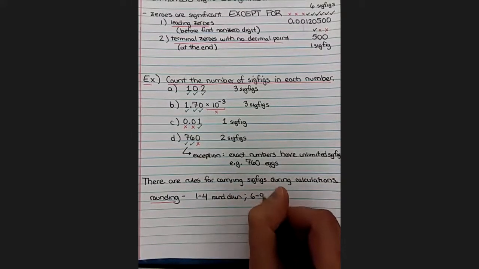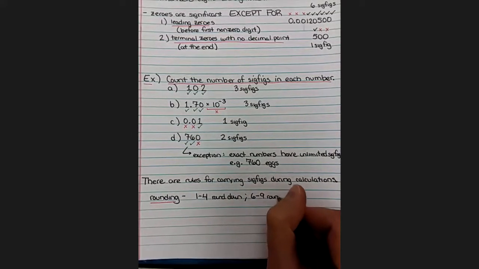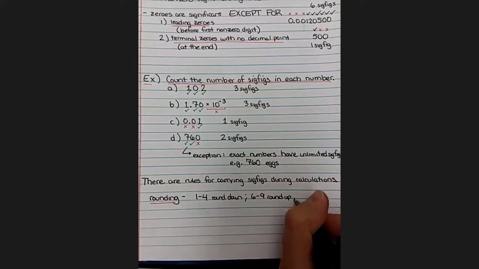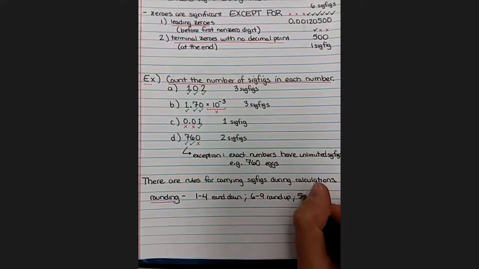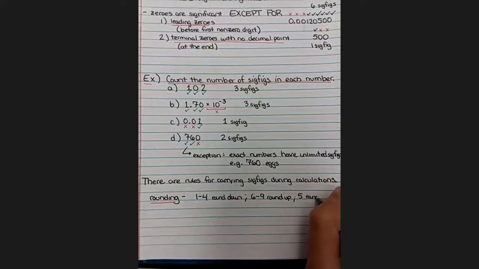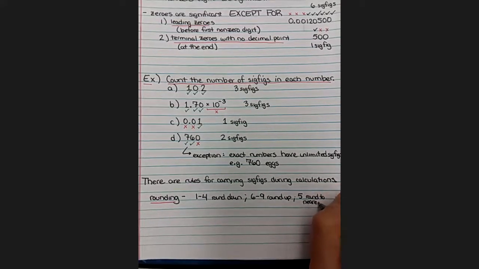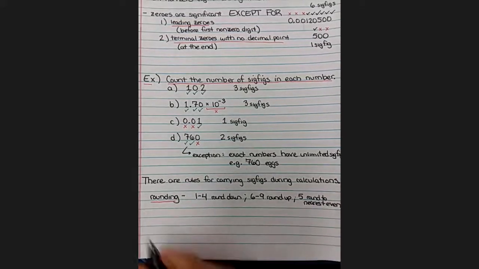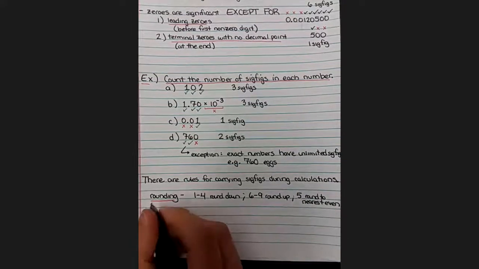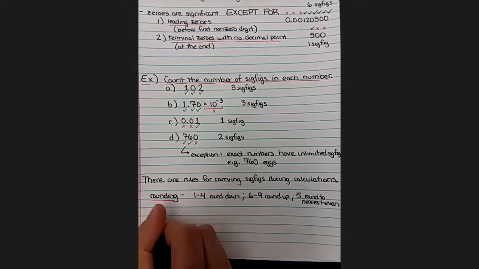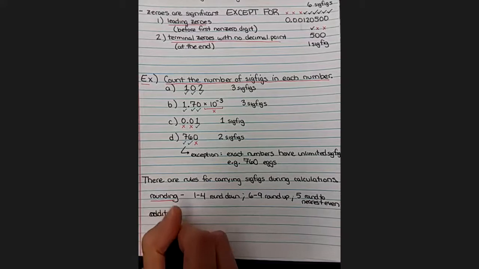If the last number is between 6 and 9, you'll round up. And if you have a 5 at the end, you'll round to the nearest even number. The next rule is about addition and subtraction.